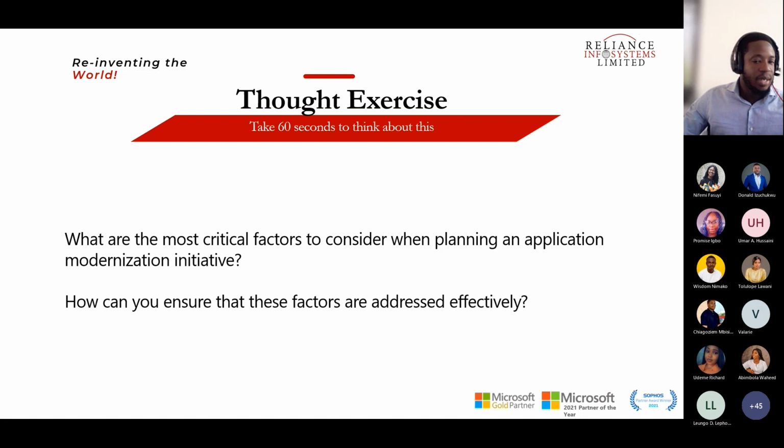So the poll question would be, how do you think application modernization would impact your organization's overall performance? So take a moment to answer these questions and also answer the poll question.